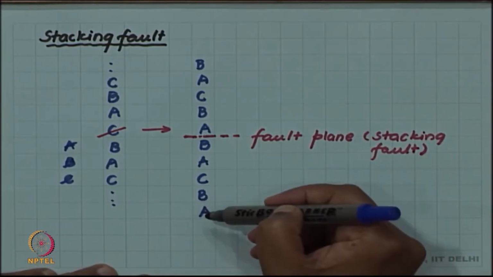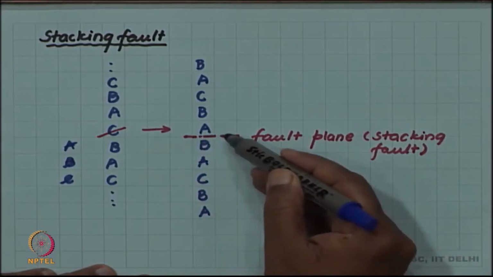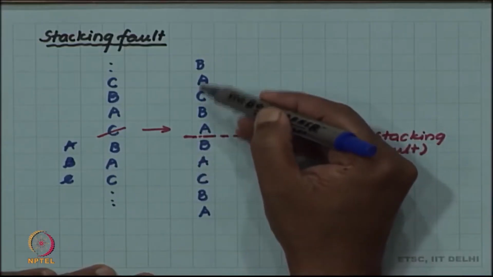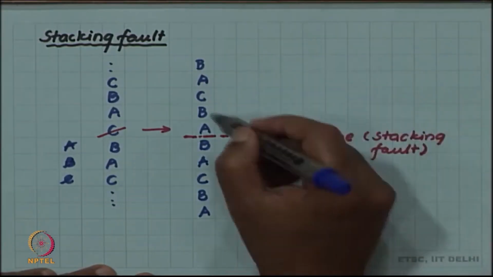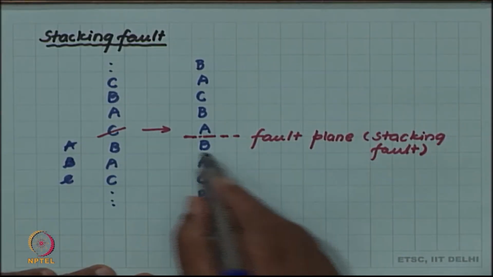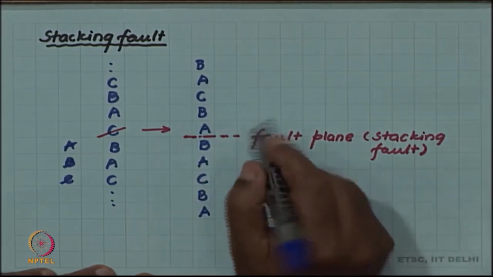So, the sequence here below the fault plane is ABC AB, and then C was expected, it is missing, and above the fault plane also it is ABC AB. So, there is no difference in the orientation of the crystal below the fault plane and the crystal above the fault plane.